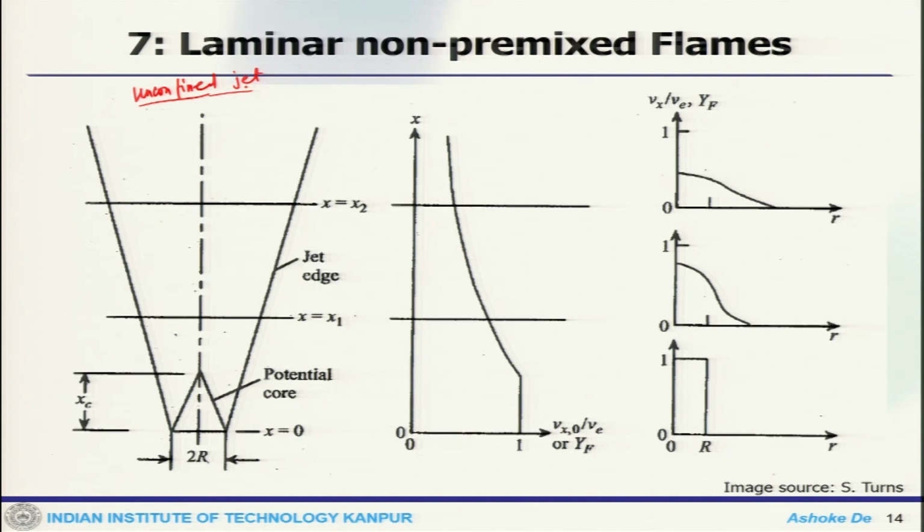So, an unconfined jet creates this free shear layer, and that is the height of the potential core, and this is the potential core, and this is the burner jet exit where the location x starts. Now, we can look at the fuel mass fraction and how velocity varies at the different downstream locations for varying x.